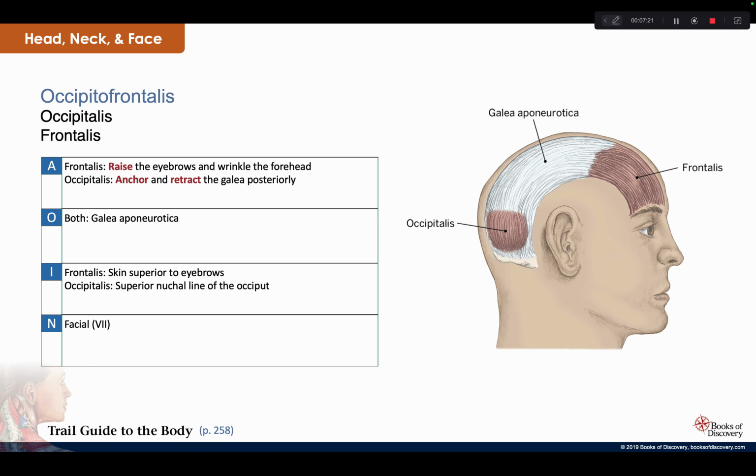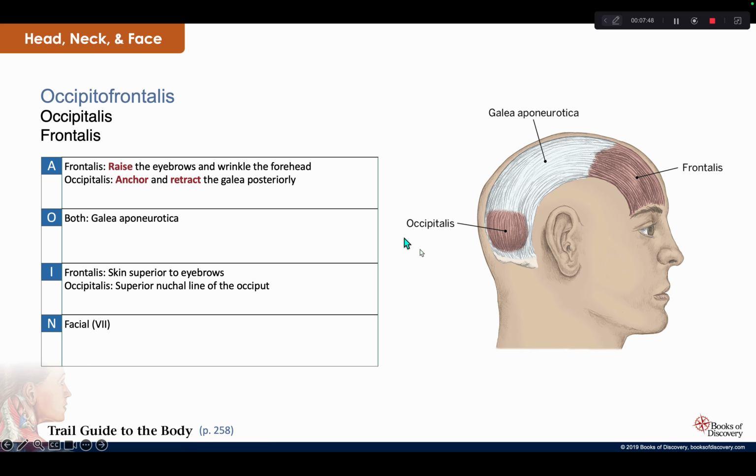Okay, let's talk about the occipitofrontalis. So that is a combination of occipitalis and the frontalis, and it is joined together. The origin joins these two together to form occipitofrontalis. So the frontalis part is responsible for raising your eyebrows and wrinkling your forehead.